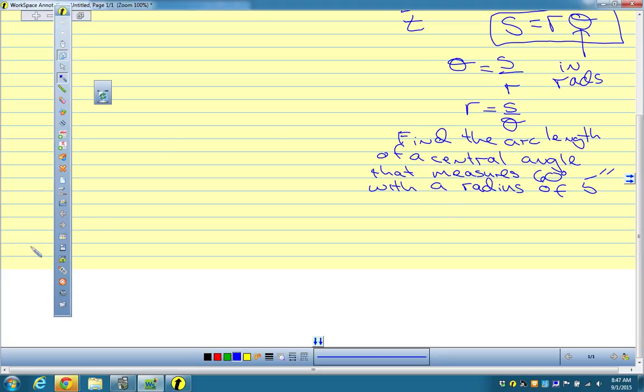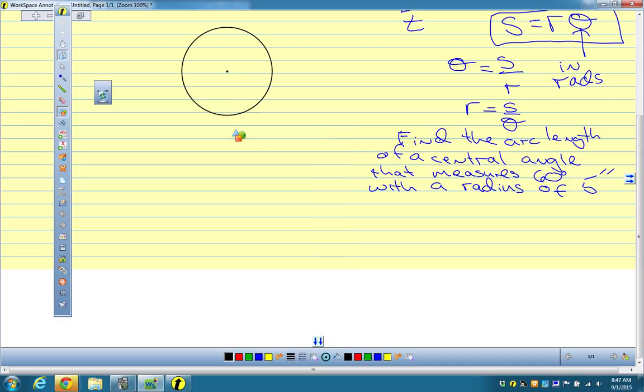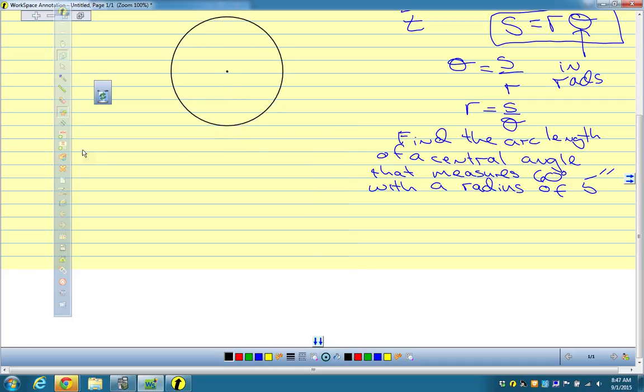And it's good to kind of draw pictures of things, not of anything, but of circles. So let's see if I can find my circle drawing tool. There it is. Right? So I'm going to draw a circle. Isn't that cool? And I'm going to draw in this angle right here. And this is 60 degrees. And this is 5. Okay? And basically what you're trying to find is how far is it from here to here.